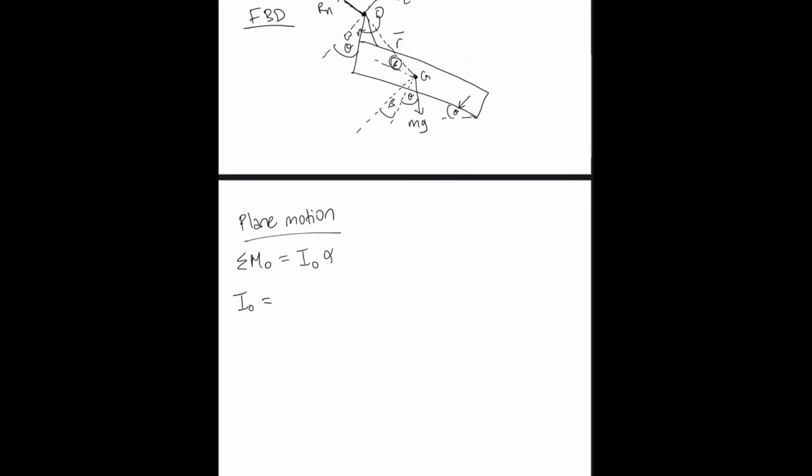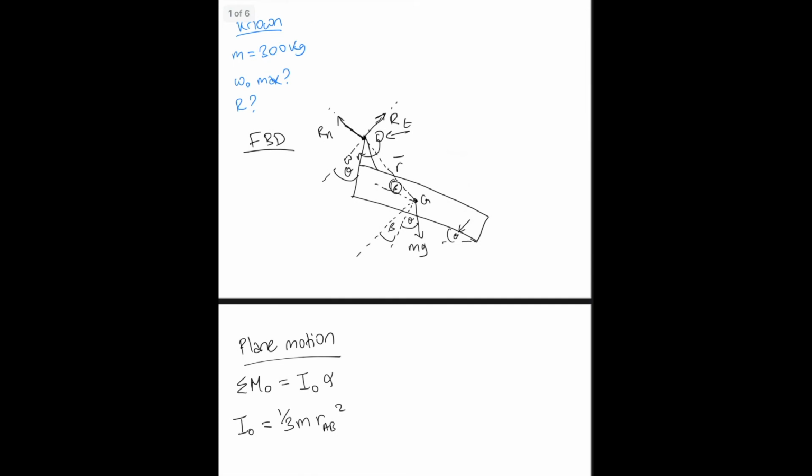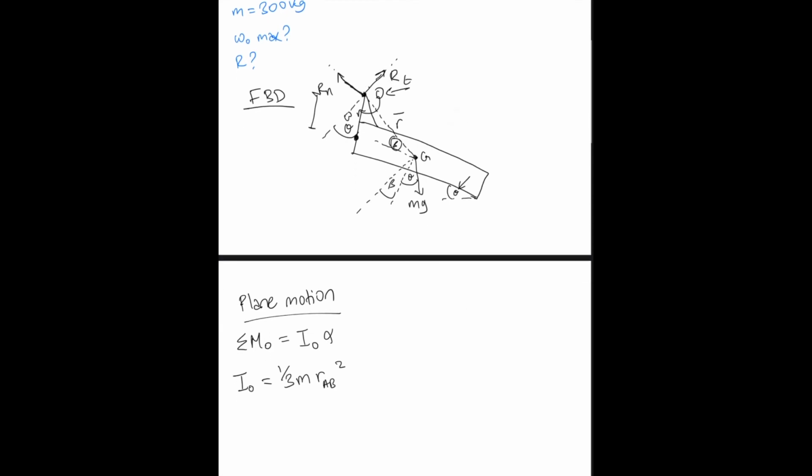Since we're treating the system as just like a thin rod, rotating around one end at the bearing at O, it's going to be equal to 1/3 multiplied by M R_AB squared. However, the bearing is not right here at the end of the rod. It's actually a distance above the rod. So we need to calculate this distance over here.